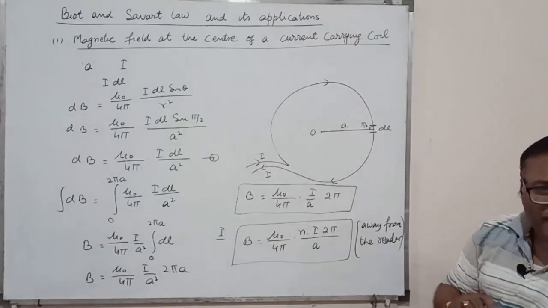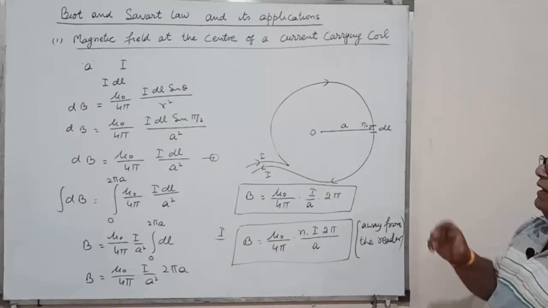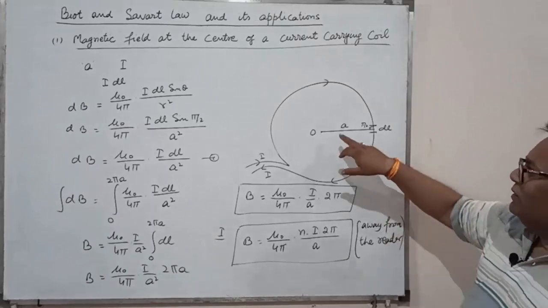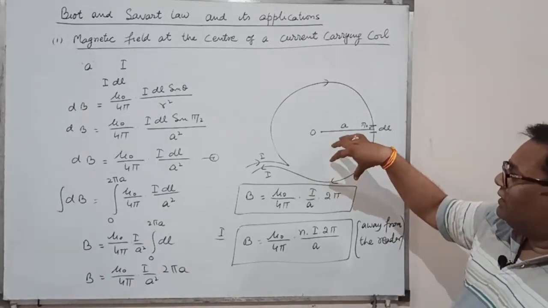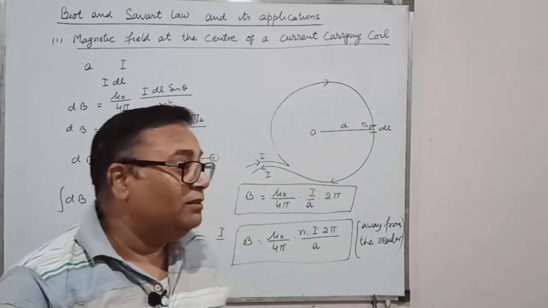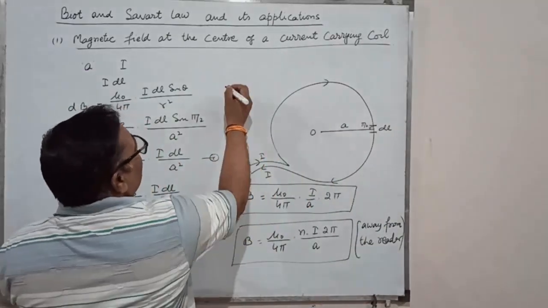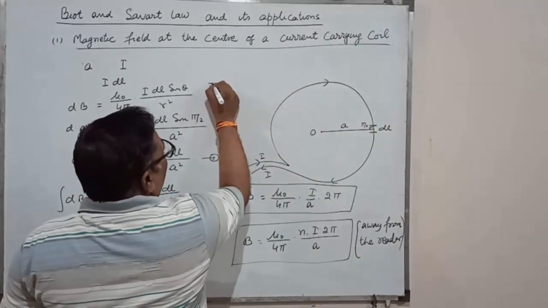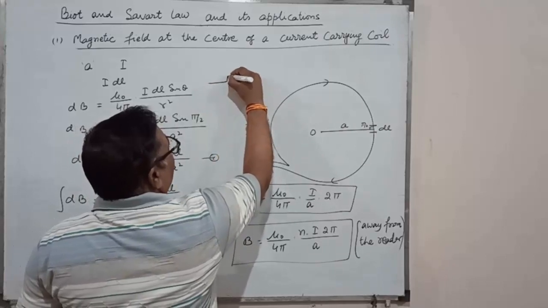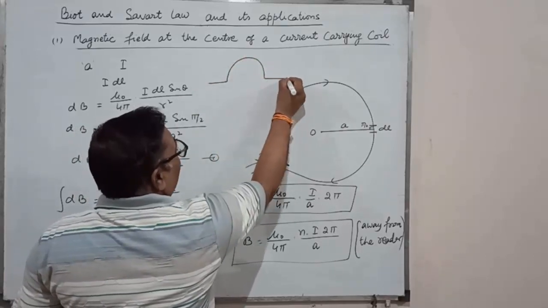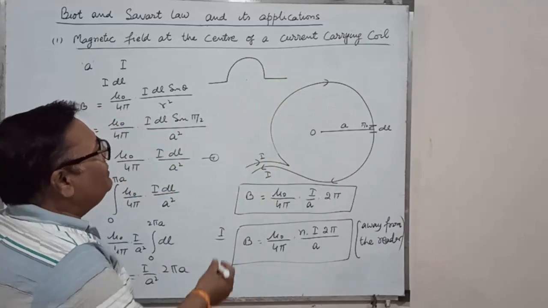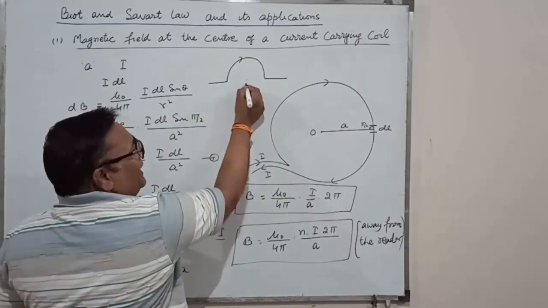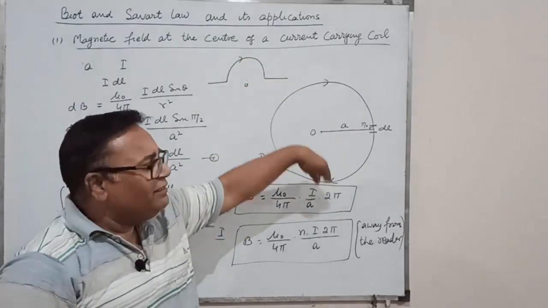And the second part: if this question changes in terms of a numerical, where we are given the figure in this way, then what is the magnetic field intensity at this point O? The circle is half.